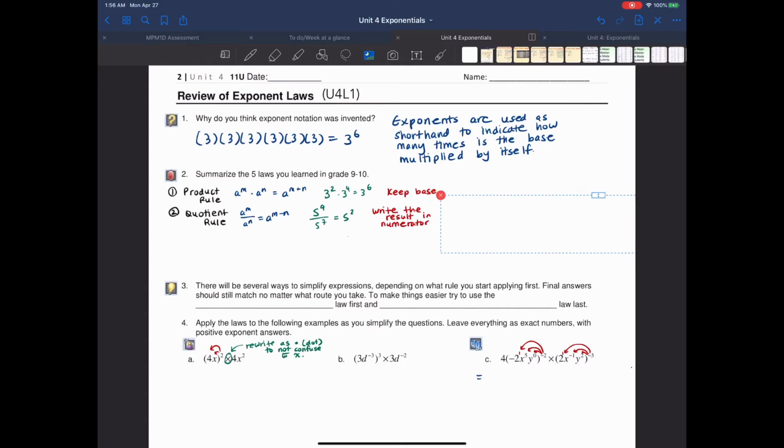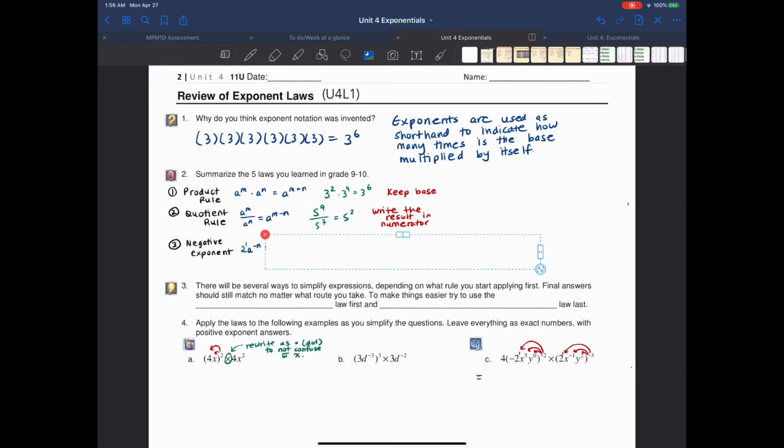So what we're really doing is subtracting the exponents, and we have to make sure that we write the result in the numerator. For the negative exponent, what is a negative exponent? I wrote down in the side notes in the slides what that is and an example.